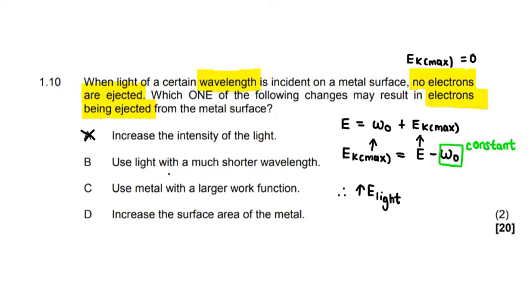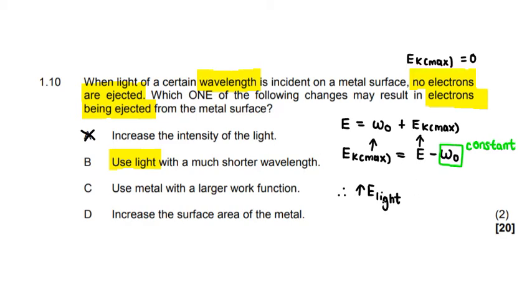All right. B says use light with a much shorter wavelength. I'm interested in this option because it says use light, and I already have the conclusion that I need to increase the energy of the light. Now let's check if increasing the energy of the light corresponds with a shorter wavelength.